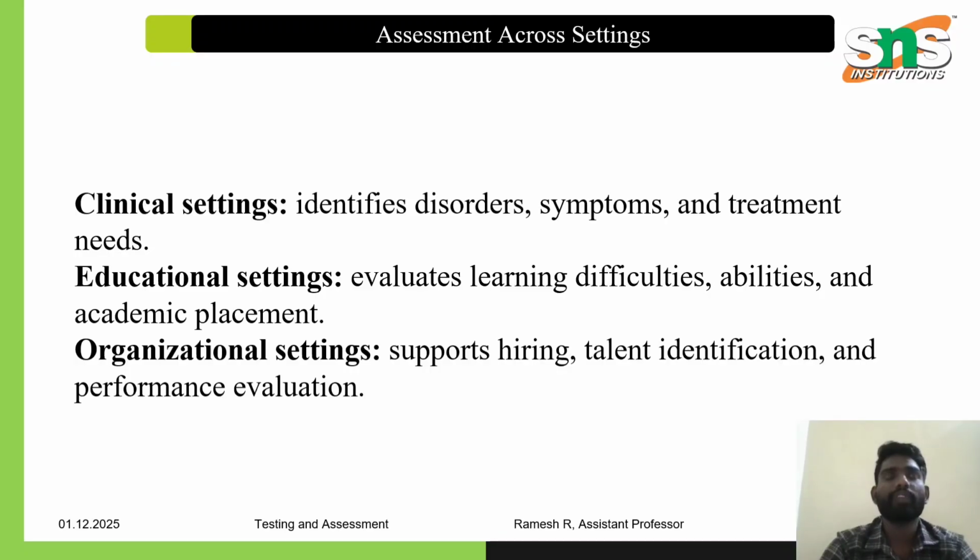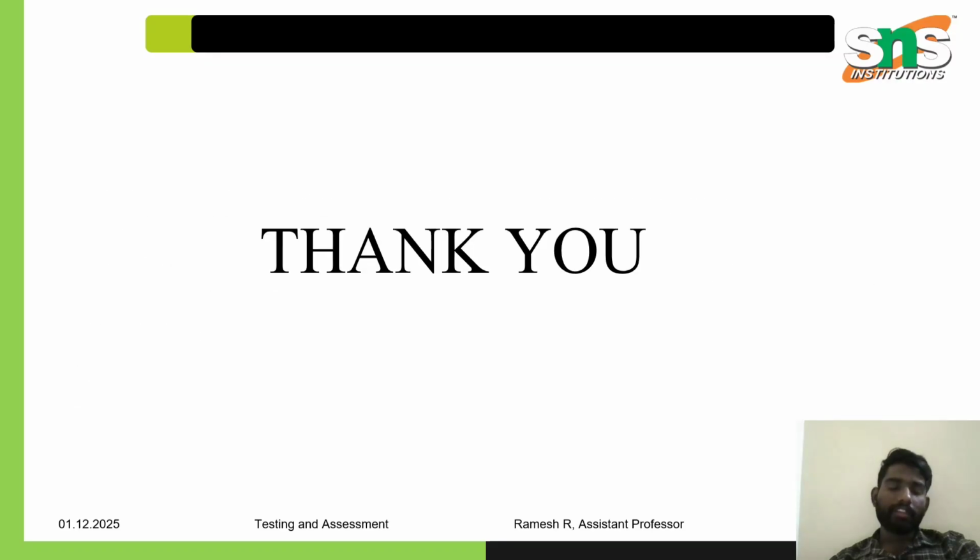In educational setting, it helps to understand the student's progress, whether the student has some kind of learning disability, what difficulties he is facing in academic settings, and his ability level, and it is also helpful for placement. In organizational setting, it helps to support hiring through interview methods, identifying different types of talents, what the company actually needs from the candidates, and it also helps to understand the performance of the employee, like performance appraisal and performance evaluation.